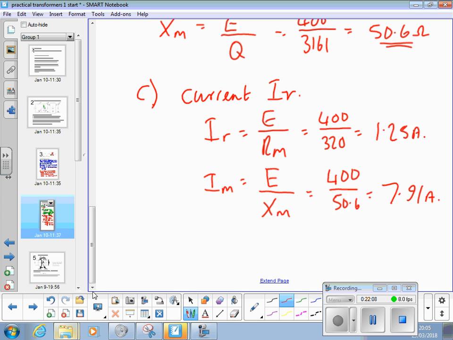They don't add up exactly to 8. Why? Not in phase with each other.